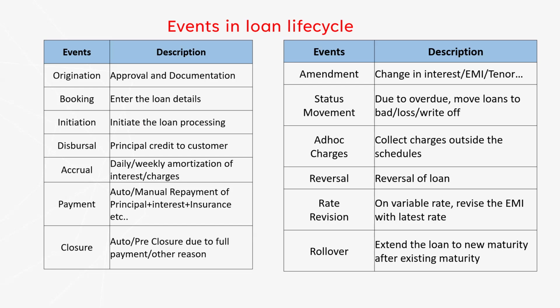If the interest itself is not paid, and he is not paying anything, then the loan has to be moved to the next stage. Accordingly, the bank has to inform the central bank also, stating these many loans are becoming bad. That is called NPA, non-performing asset, because the entire loan is considered as a risk. Then if the customer is not paying, those amounts have to be reported as a bad NPA.